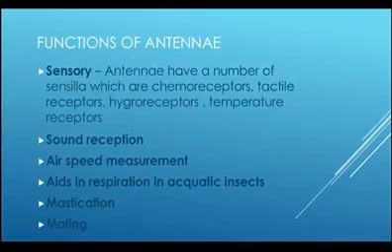Next is mastication, that is chewing of food. In some cases we see that the antenna are short and hard, and they rub against each other to masticate or break down the food into small particles.